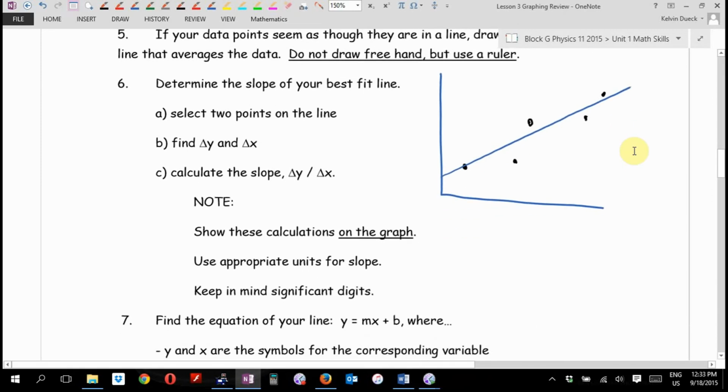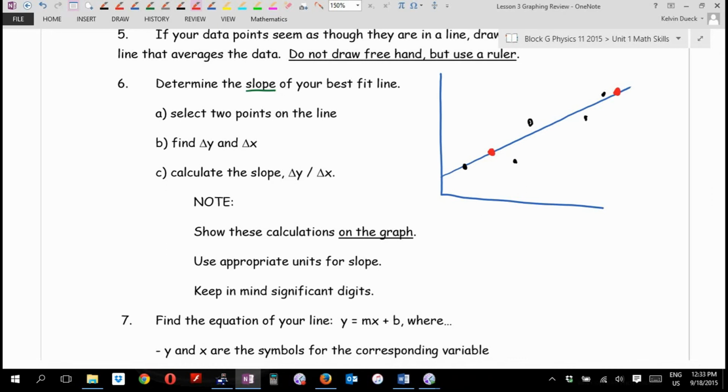Then, you're going to determine the slope of your best fit line. How? You're going to find 2 points on the line. Now, if I was finding the slope of this line, what I would do is put maybe a dot there and a dot there. Even though I'm going to ignore all the other points, I'm only going to use the points on my line.